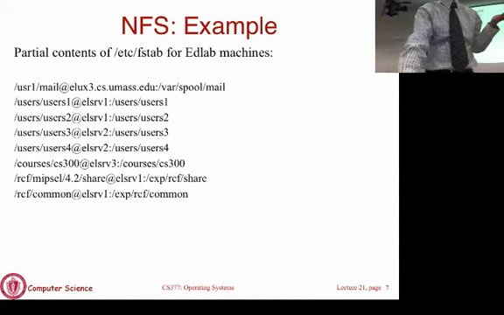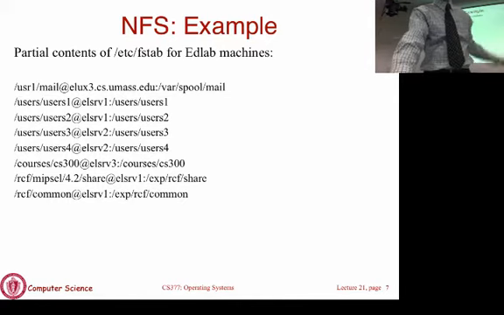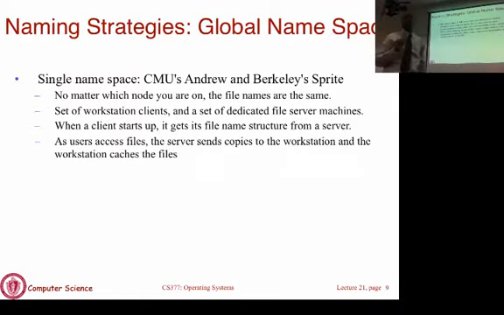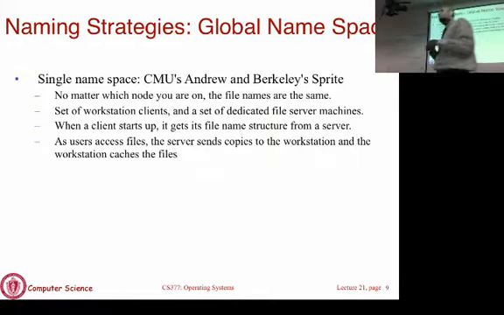But different file systems make different decisions. This is what Linux and NFS do for you. And this is simply a picture of how the directories are mapped, which I already drew, so I'm going to skip this. And let me tell you a little bit about some other file systems, which have made other design decisions. There's one called the Andrew file system, which started as a research project at CMU.